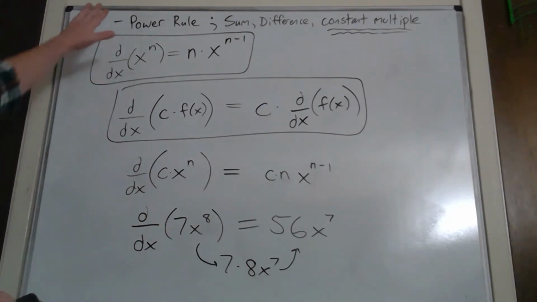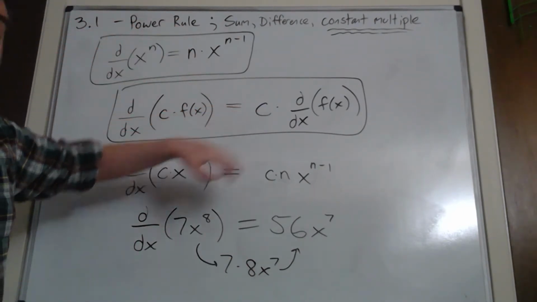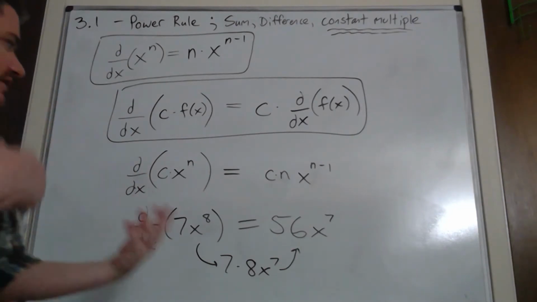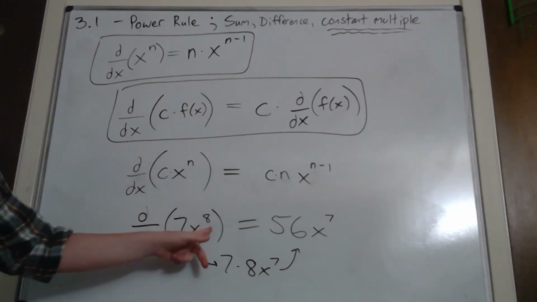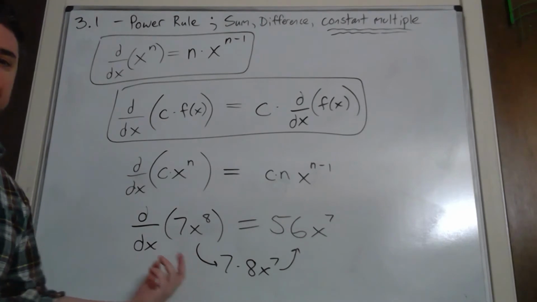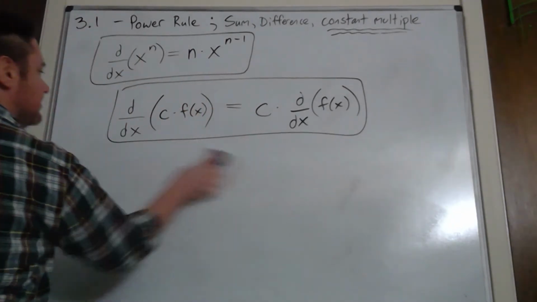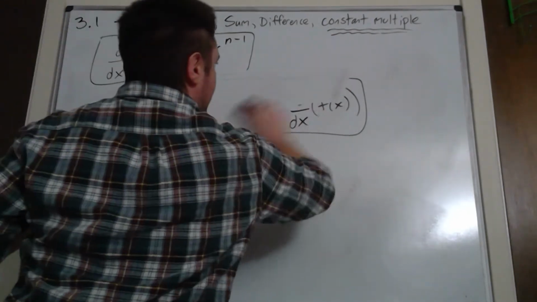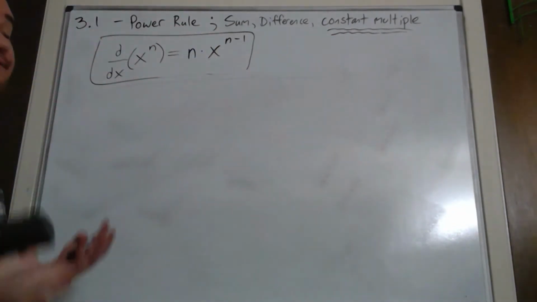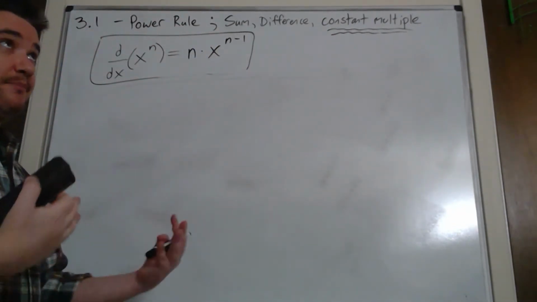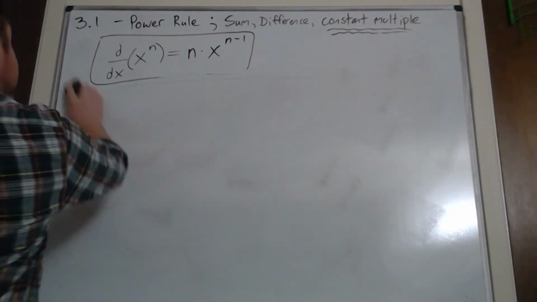Okay, so we've got our power rule, we've got our constant multiple rule. So those are helping for polynomials. So again, things like this, 7x to the 8th. That looks like maybe one term that we might have in a polynomial. However, polynomials essentially are sums and/or differences of different power functions, right? They're different power functions that have been added or subtracted together.